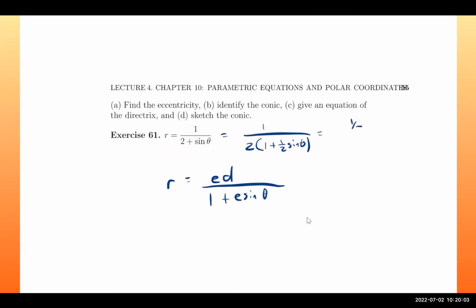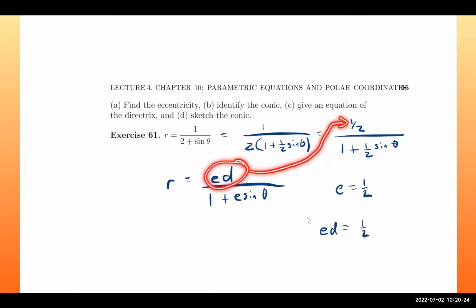And now we know what our E is. Our E is 1/2. You can move this 2 up into the numerator by writing this as 1/2 over 1 plus 1/2 sine theta. So E has to be 1/2 because E is this number.